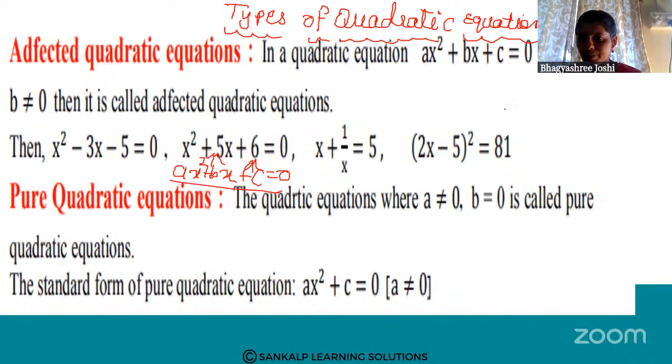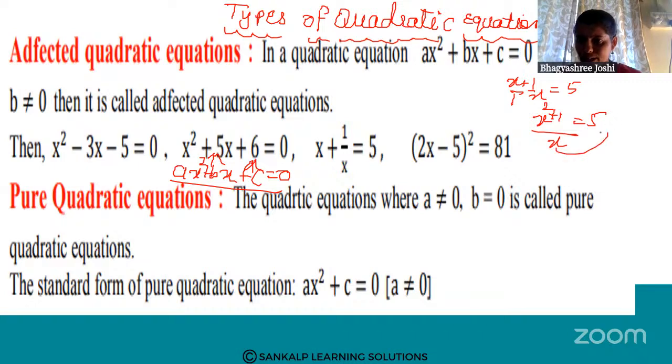So x plus 1 divided by x is equal to 5. So you may ask, how can it be a quadratic equation? See, x into x square. So divided by 1 means LCM is x. So x square plus 1 divided by x is equal to 5.